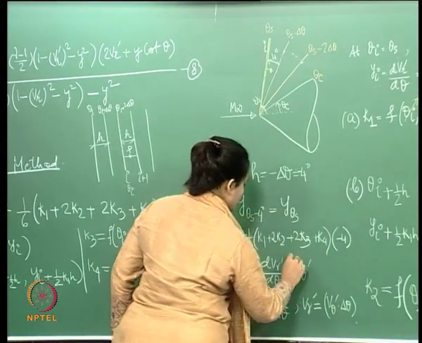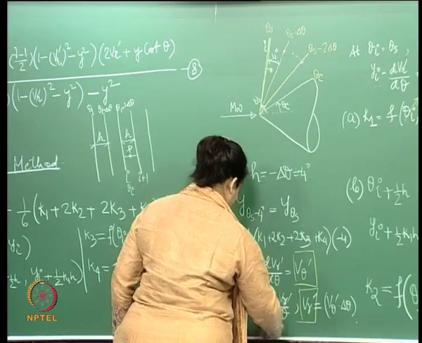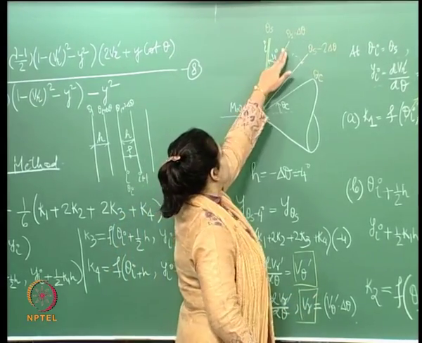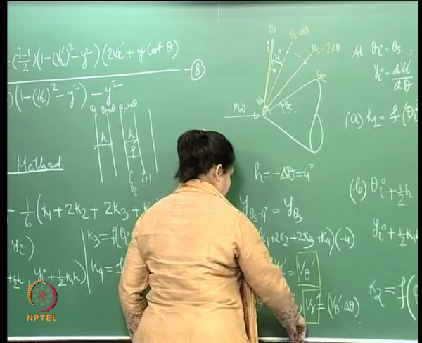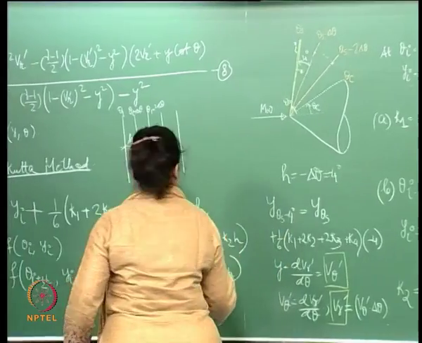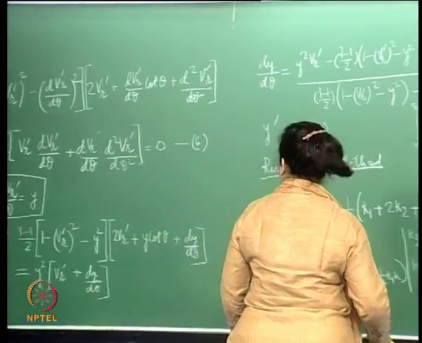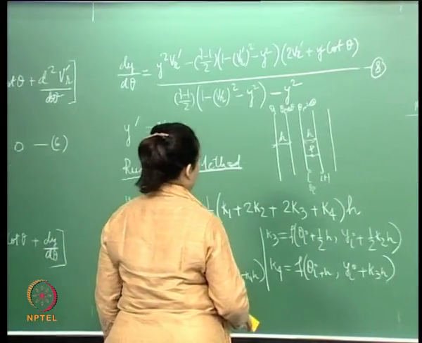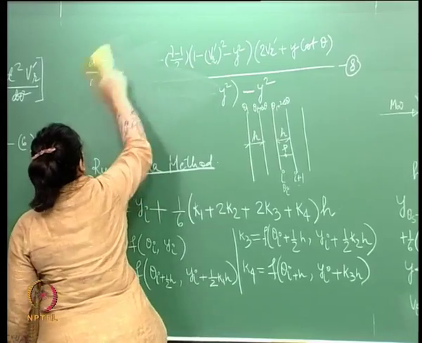Once we do this, we know V theta dash and V r dash at this particular radial line. So, what else is there to do? Let us see. I will come back, I need that equation. Let us say I erase this part.